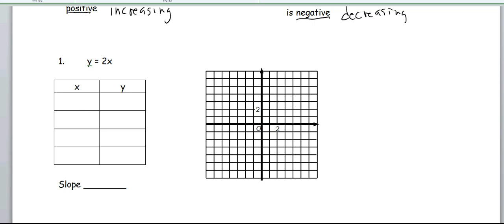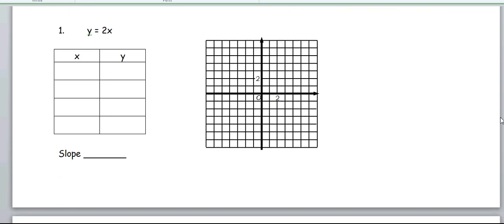Alright, what I want you to do is I want you to use your calculator, and I want you to put in the 2x in your y equals, and then look at your table, hit second graph, and then fill in values for -2, -1, 0, 1, and 2. And I'll give you just a moment to go ahead and get that done. Okay?